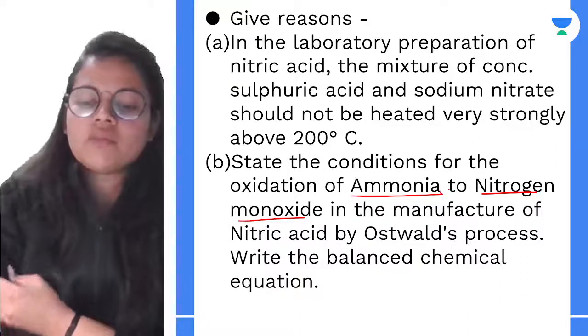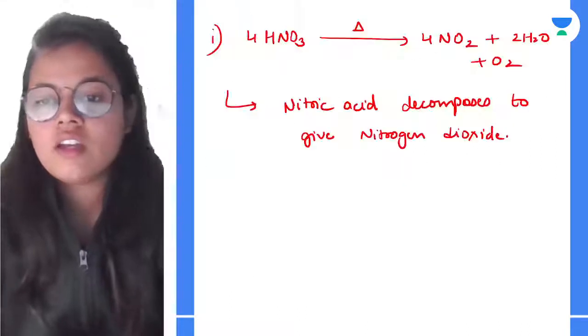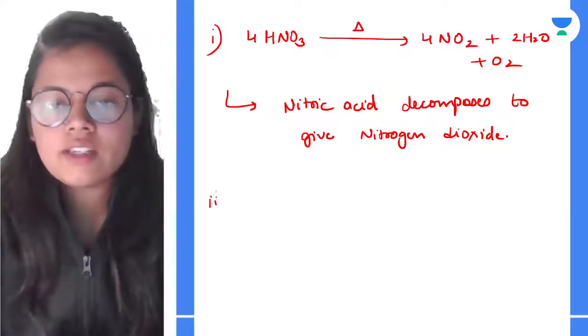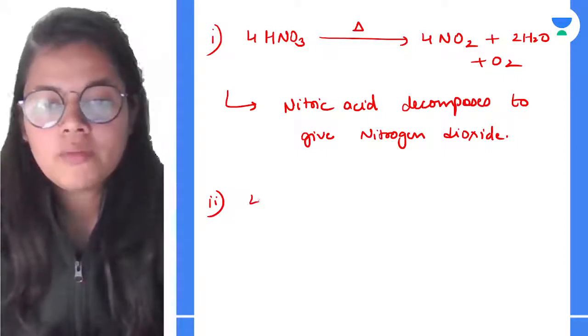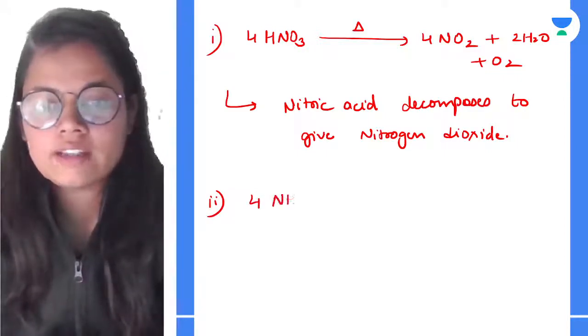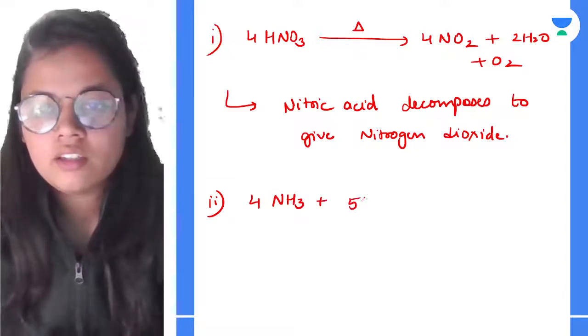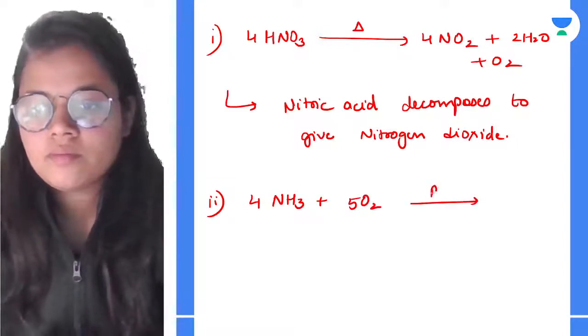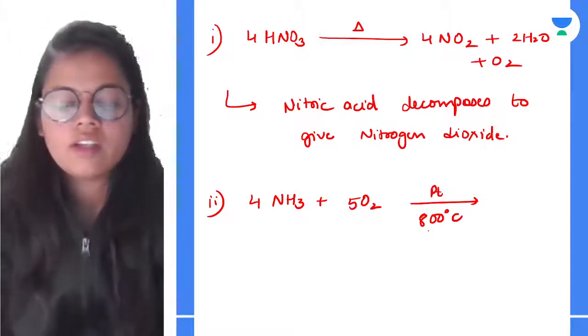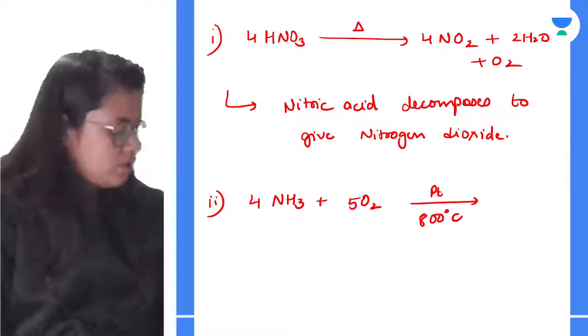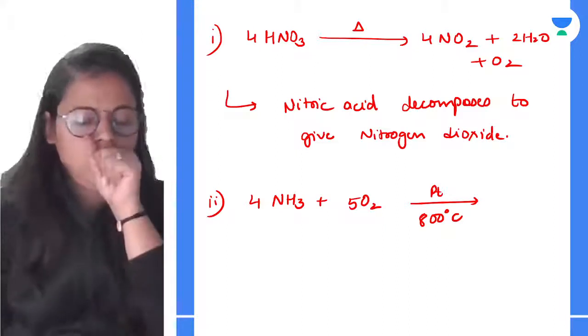Now oxidation means what? Addition of oxygen. So can you tell me what is the reaction? I'll just help you out by writing the reactants, that is ammonia and oxygen. What will be the products formed here?